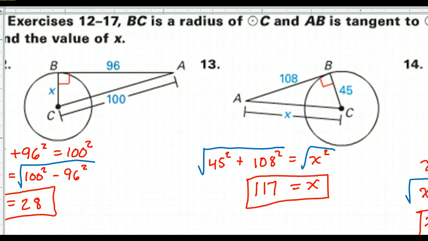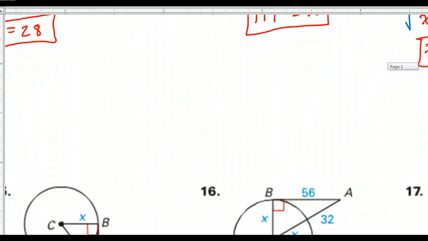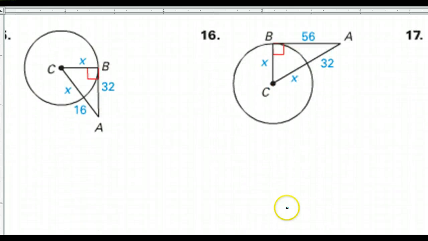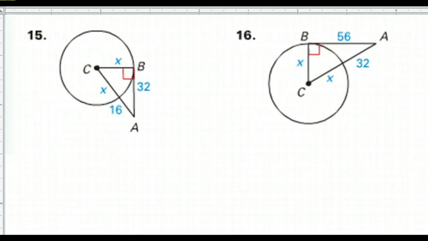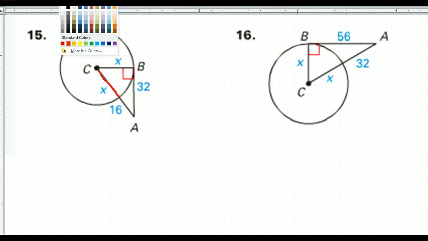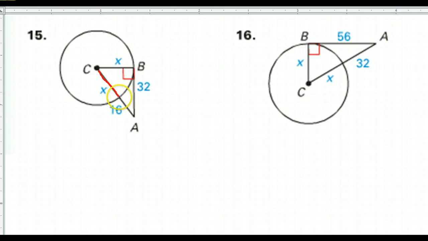Now, without those lines indicating the reach across the entire hypotenuse, then it is not the entire hypotenuse. So when we look at number 15, the hypotenuse is in two pieces. The inner part here is x, that's like one piece, the radius. But then the outer part here is 16.